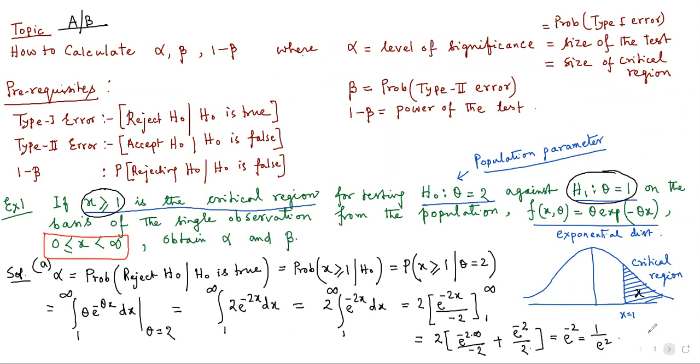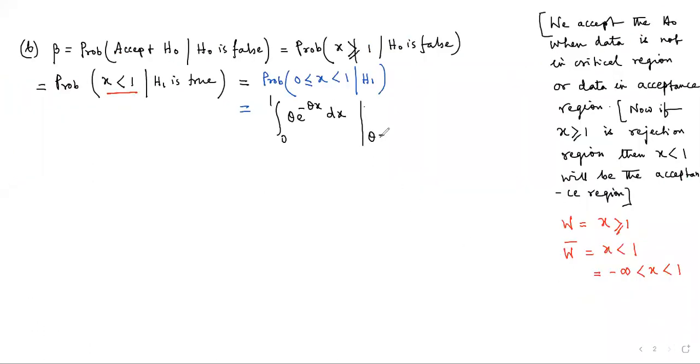H1 is theta equal to 1. So under the condition that theta equals 1, the probability is equal to the integration from 0 to 1. Put theta equals 1 here: 1 into e to the power minus 1x, that means e to the power minus x dx. So this is the probability that you are going to calculate.